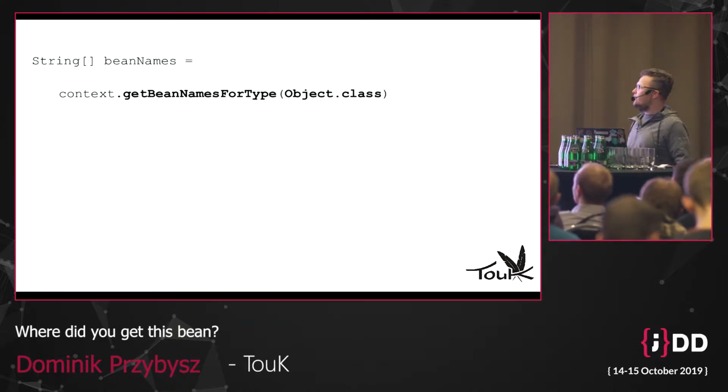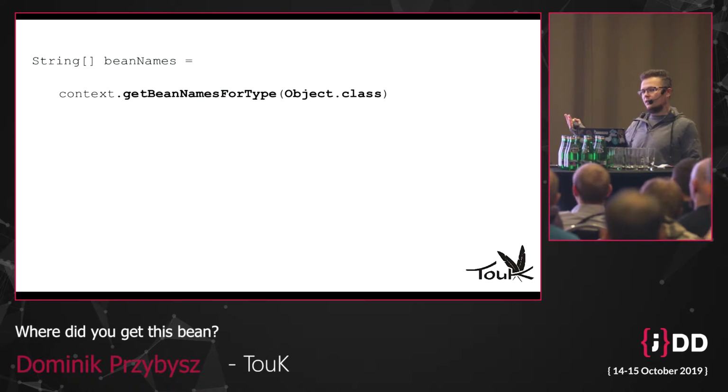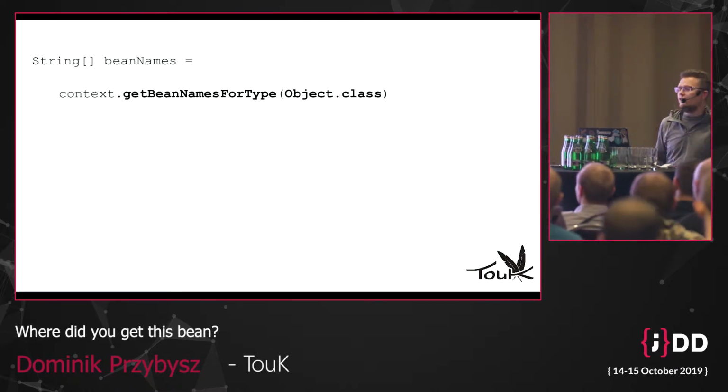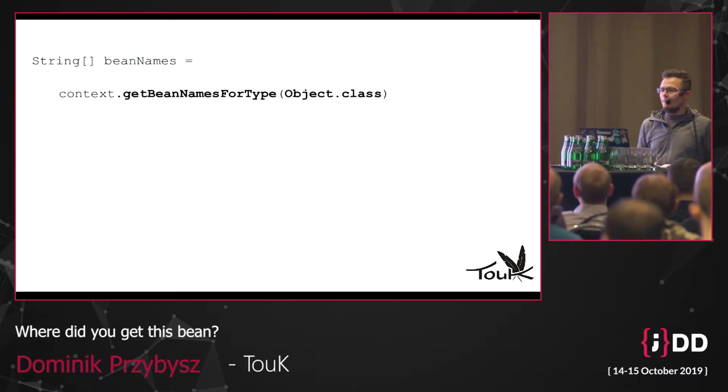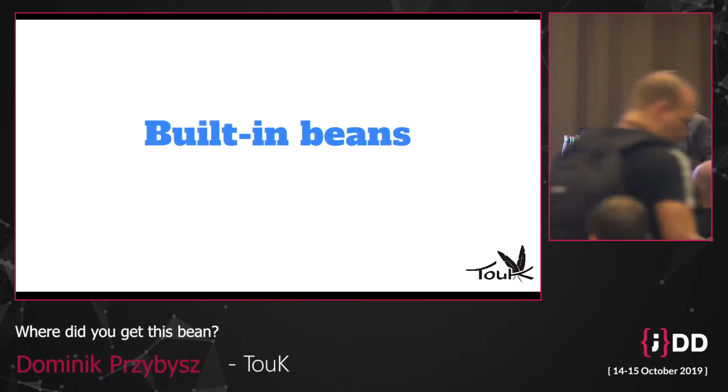So we could get bean names for type, for example, object class, and we could check what we have in our Spring context, what Spring created for us. And when we start with an empty Spring container without any bean defined, we'll end up with some built-in beans.